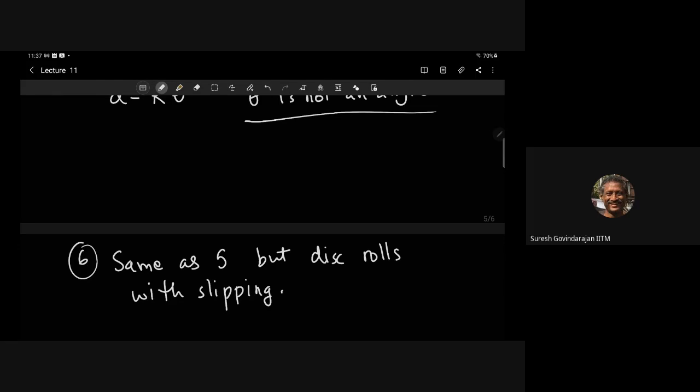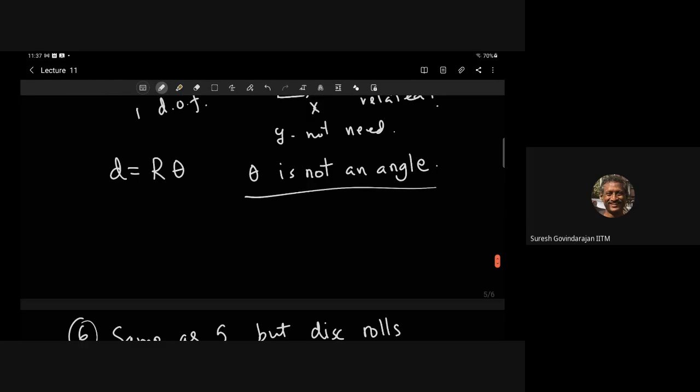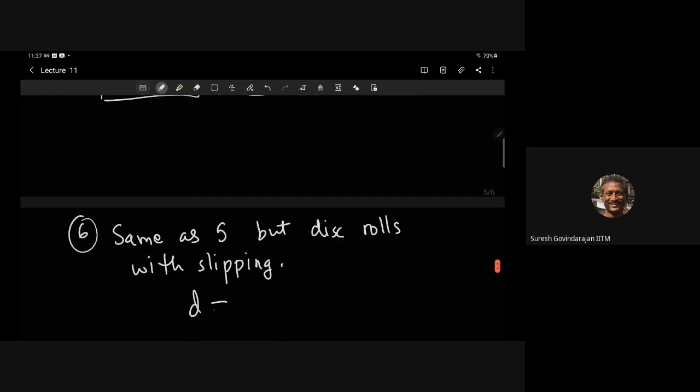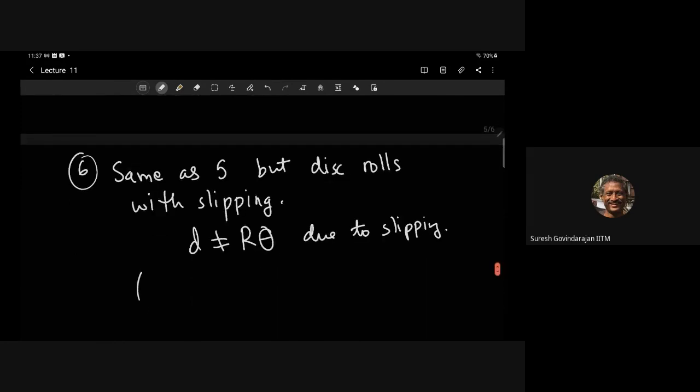So now how many degrees of freedom? 2, because this condition is no longer true, due to slipping. So it can slip, and we'll have 2 degrees of freedom, d and theta. In this case, it can slip as well as roll.